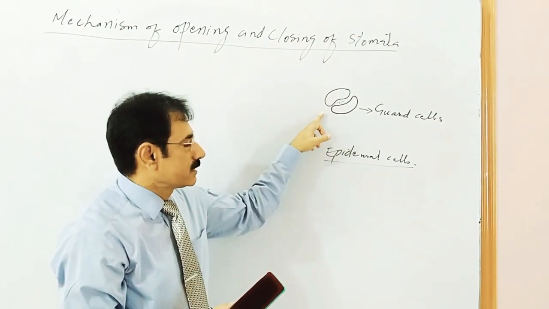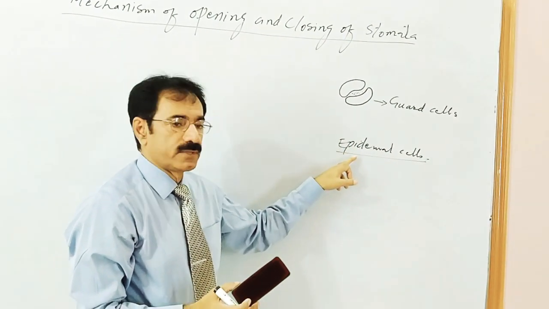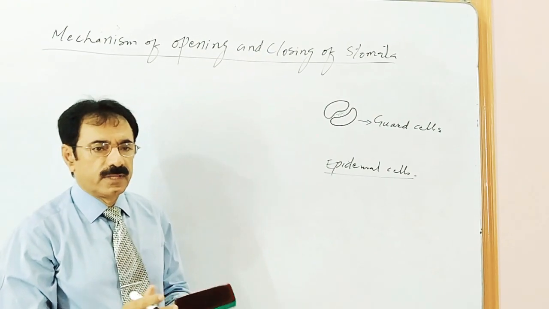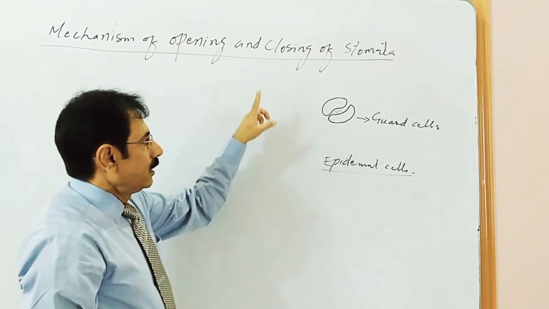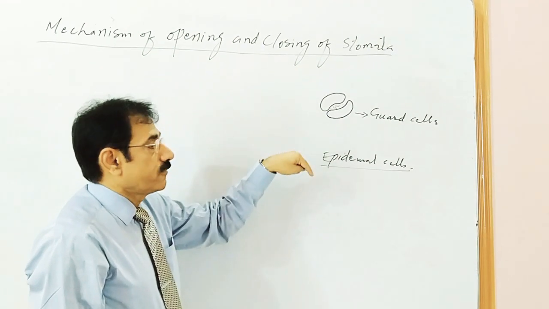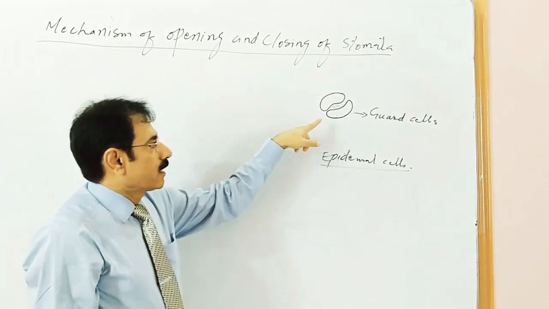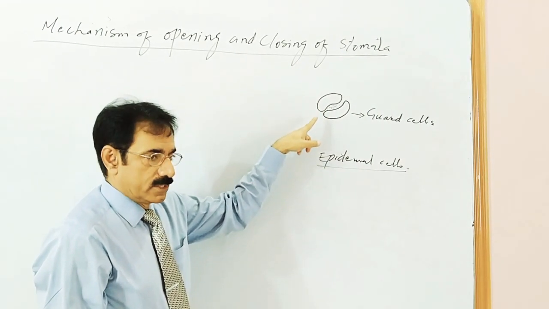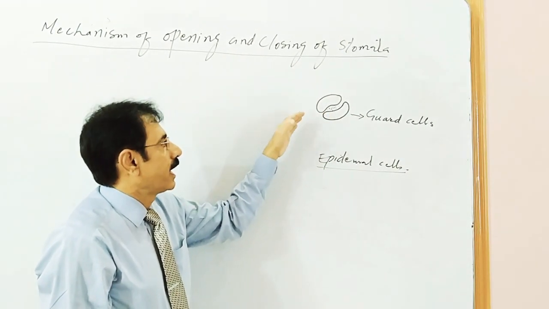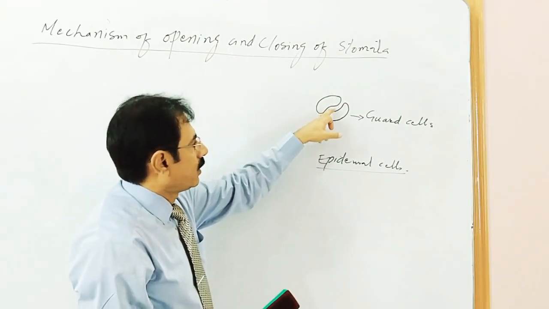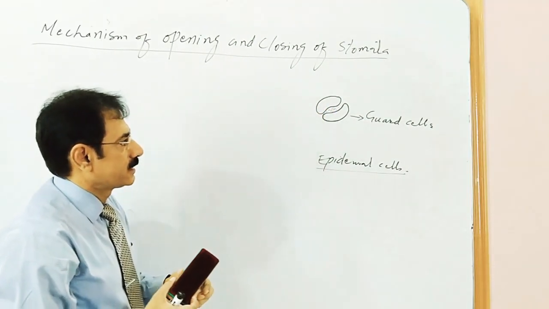These guard cells are also part of the epidermis, and other epidermal cells of the leaf are not green. They are non-green, non-photosynthetic. But the guard cells are green, photosynthetic in function, and have a shape like a kidney, and the space is formed in between two guard cells.